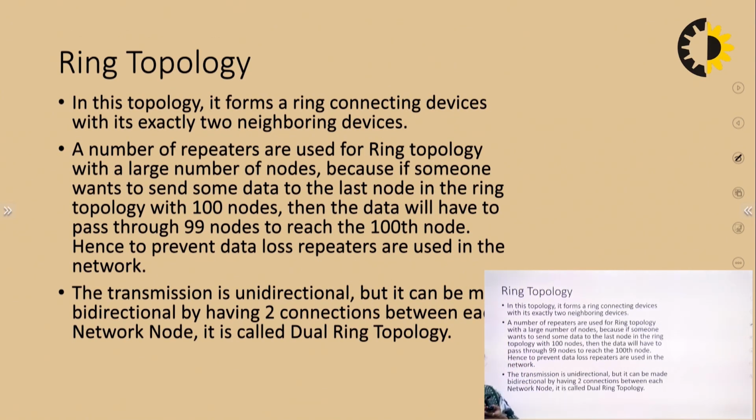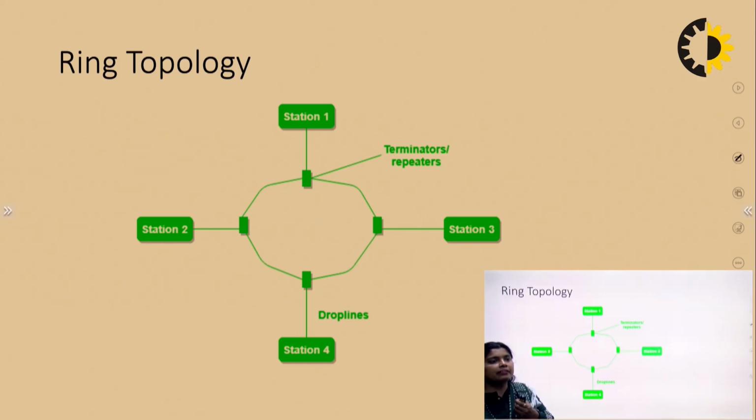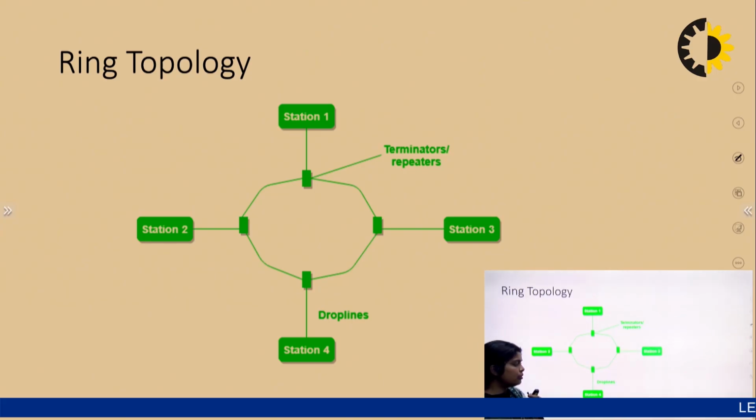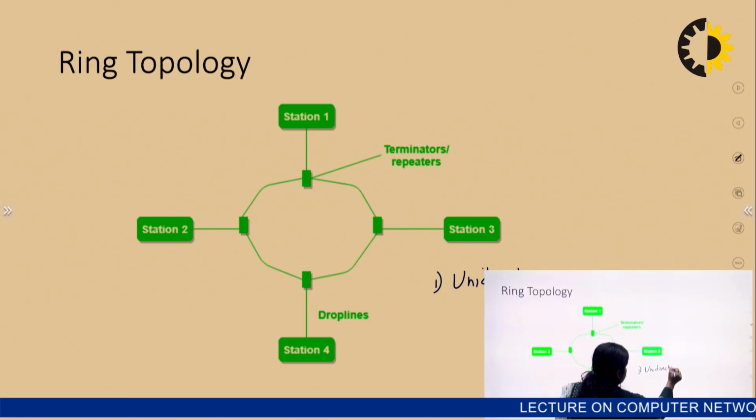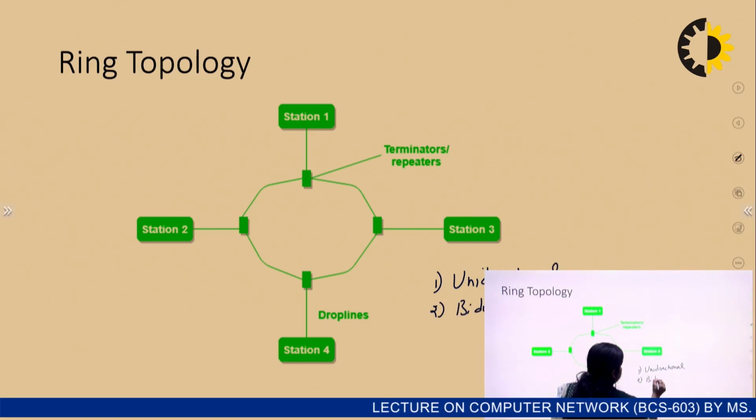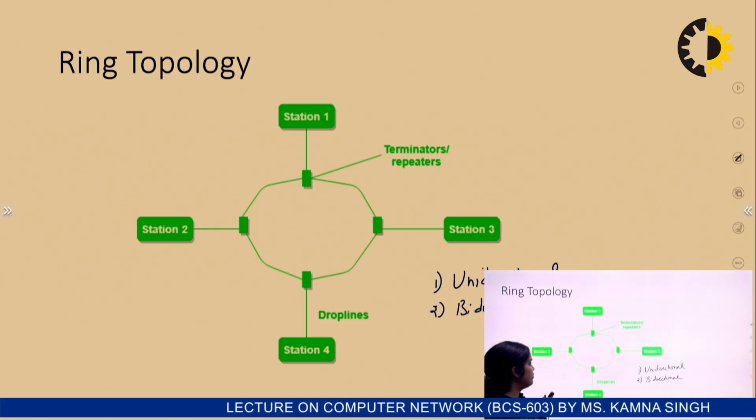Now the ring topology. Ring topology, as the name suggests, is like a ring. Ring topology is of two types: first the unidirectional, and the bidirectional. We can see both one by one.